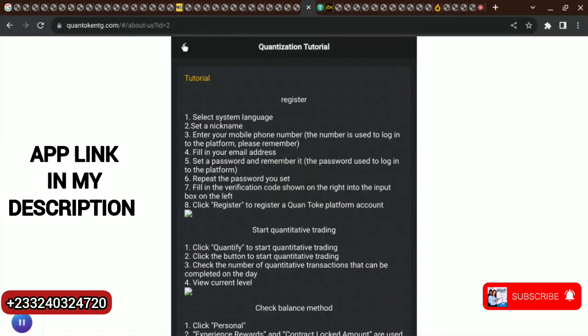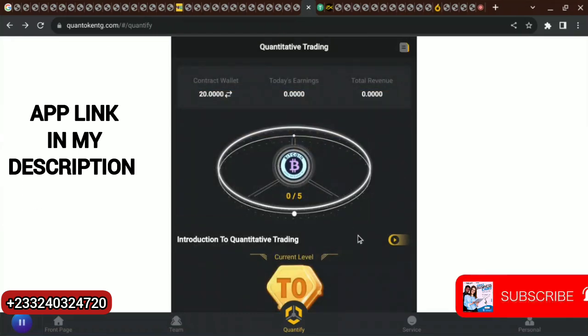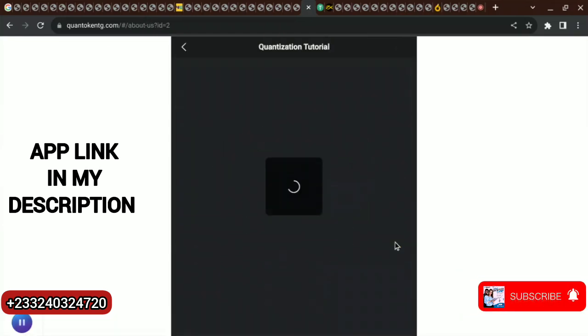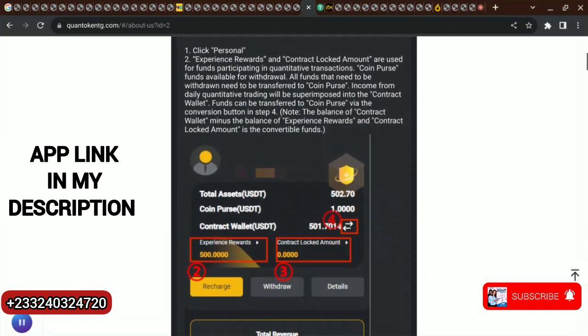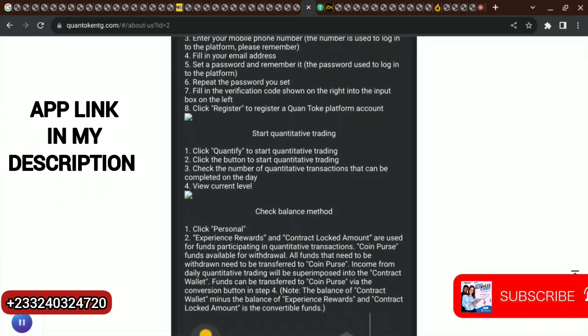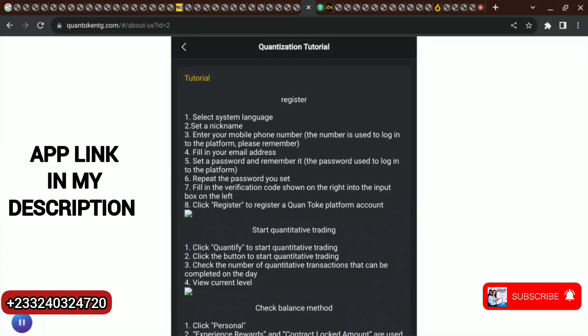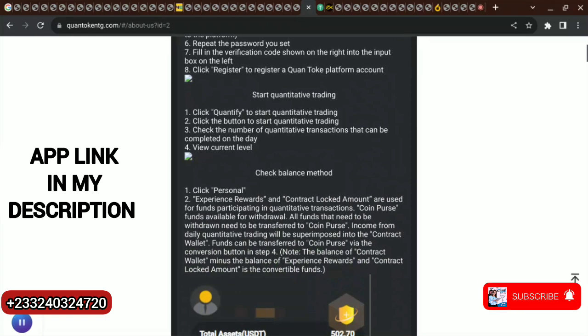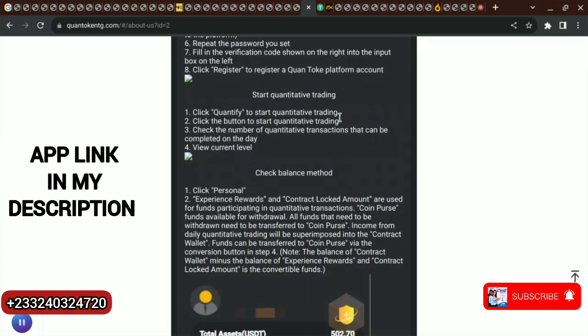If you want to know more about quantitative trading, you can click on this and read more about it. At times when putting your money in something, you have to get further knowledge about it before you do it. We have select system language setup, the registration process, and how to start quantitative trading.